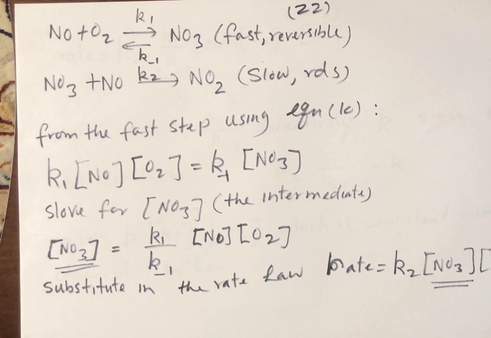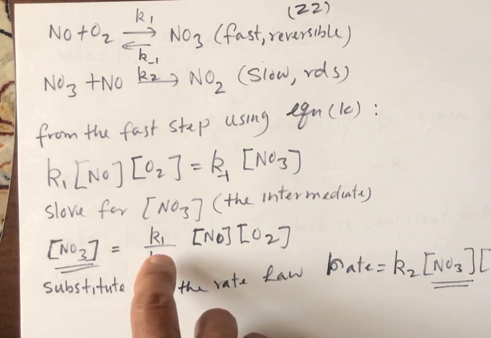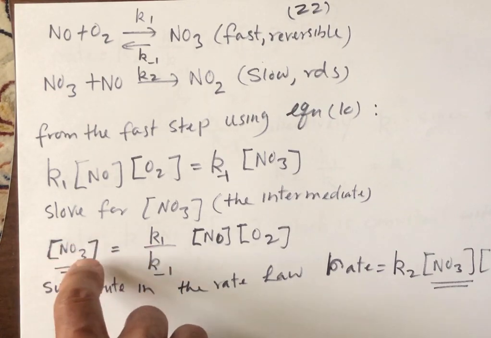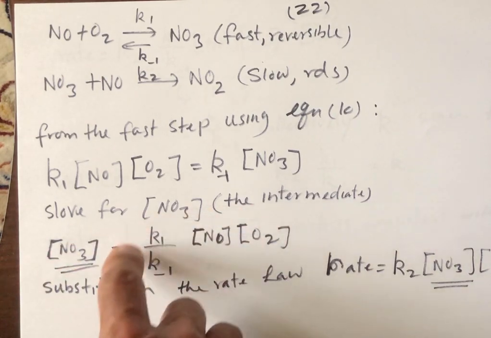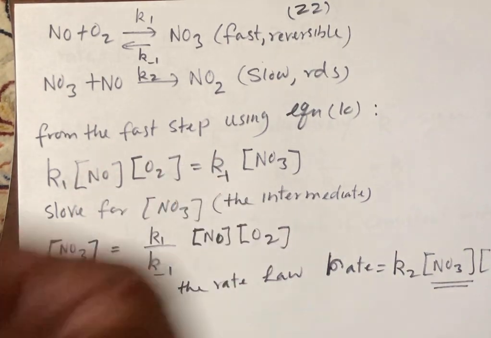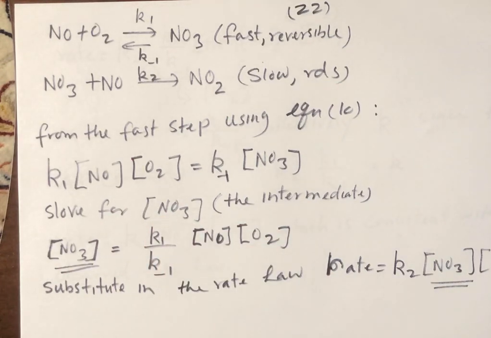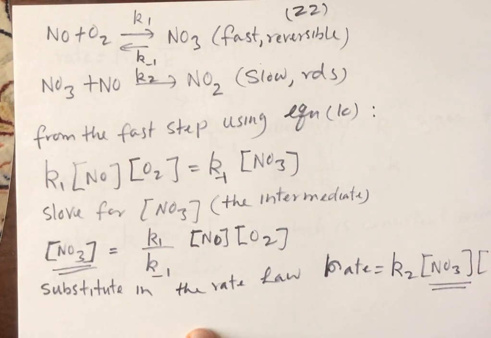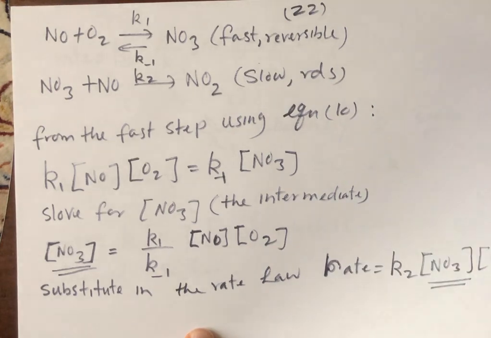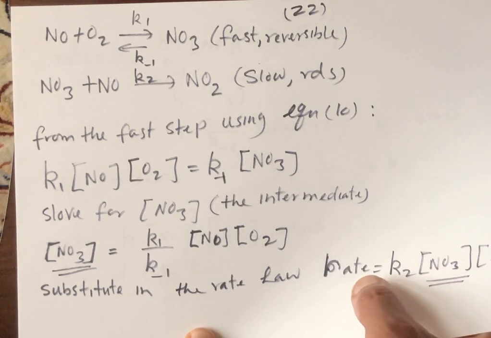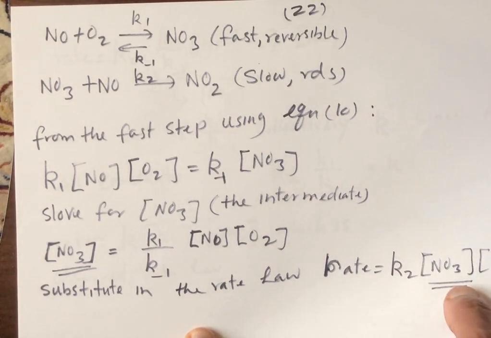So now if you substitute this NO3 into the old rate law that we had. Remember, this was the old rate law, and we said this NO3 must be replaced.